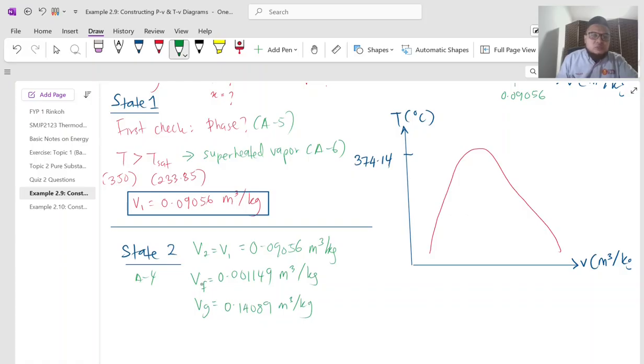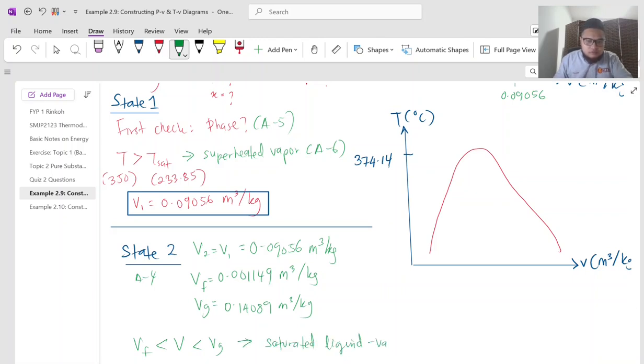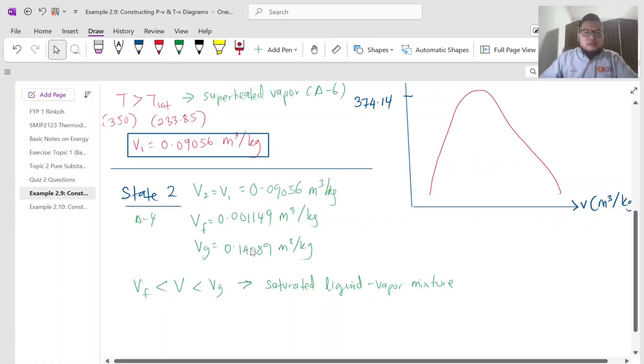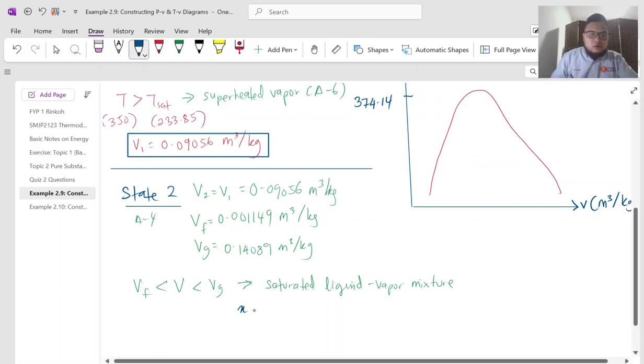That is, it's between the saturated liquid and the saturated gas. That means when my V is between Vf and Vg, then my fluid is in a liquid-vapor mixture. So if my fluid is in a saturated liquid-vapor mixture, then I must have this quantity called quality.